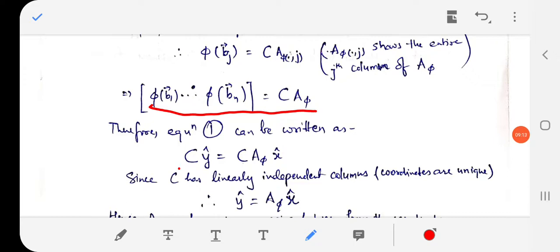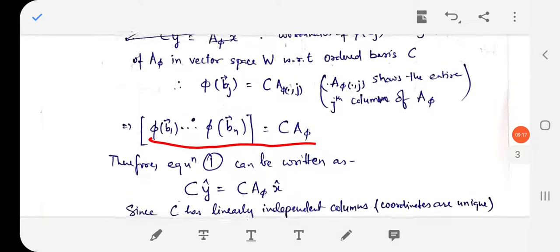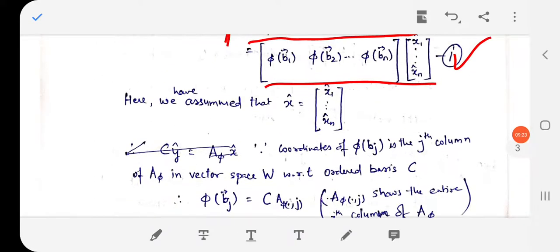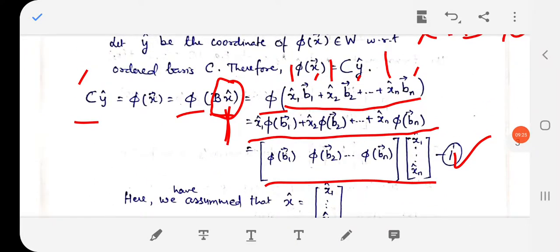Now, from the above part, one thing is that the same thing we can write like C A phi, and this is phi of bx hat, and this is equal to C y hat, right?